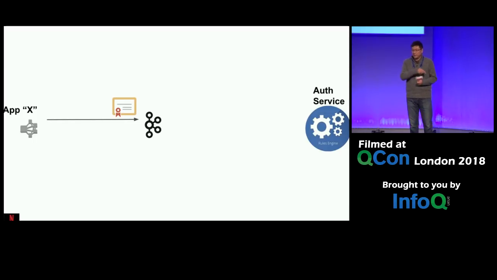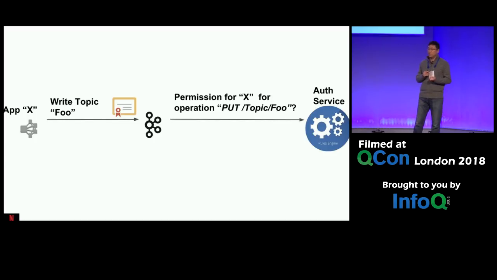And then the application can start to create some requests to write to a topic foo. So once we get those produce requests or write requests, our broker will in turn ask a question of our auth service. Basically, it will ask whether application X has the permission to write to topic foo.